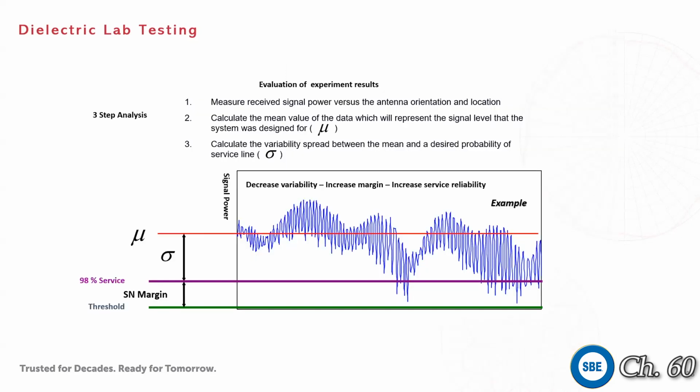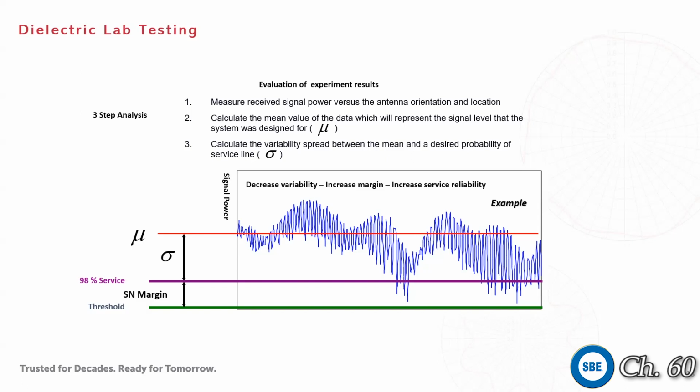The point of this testing is that we want to measure the received signal power versus the antenna orientation and its location, carefully calculating the mean of that data, which presents the signal level that the system was designed for, and then looking at the variability spread between the mean of the signal and the desired probability service line.